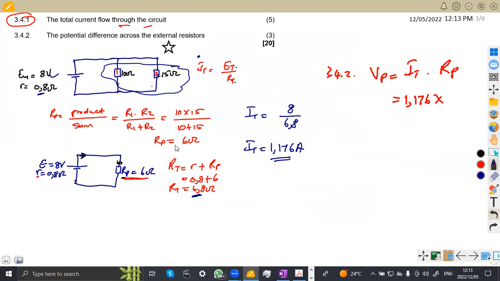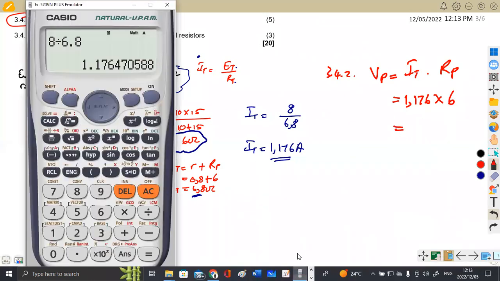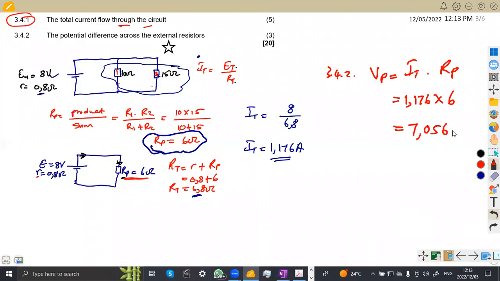In the parallel combination, we got a total resistance here of 6 ohms. So you're going to multiply by 6. So that's what you're going to have here, which is 1.176 times 6. All right, so we have got 7.056 volts.